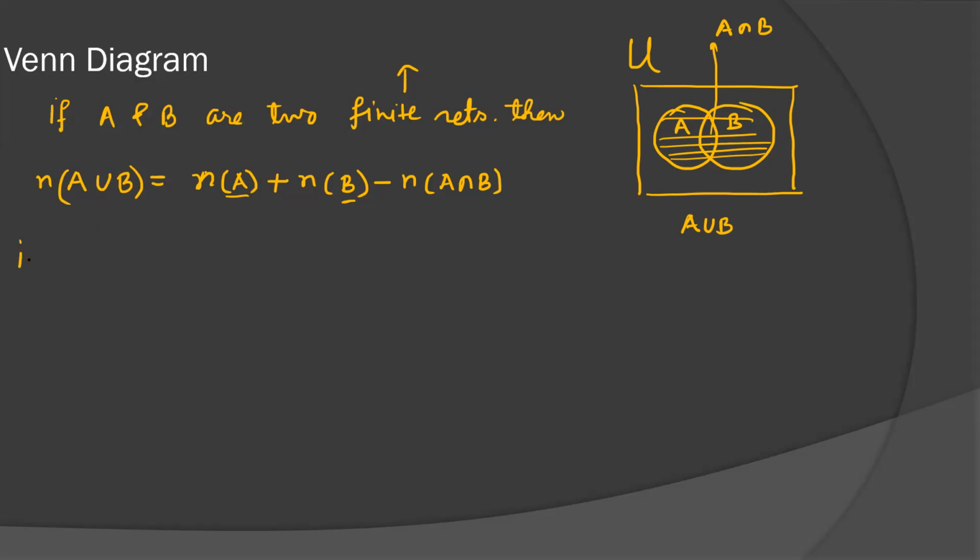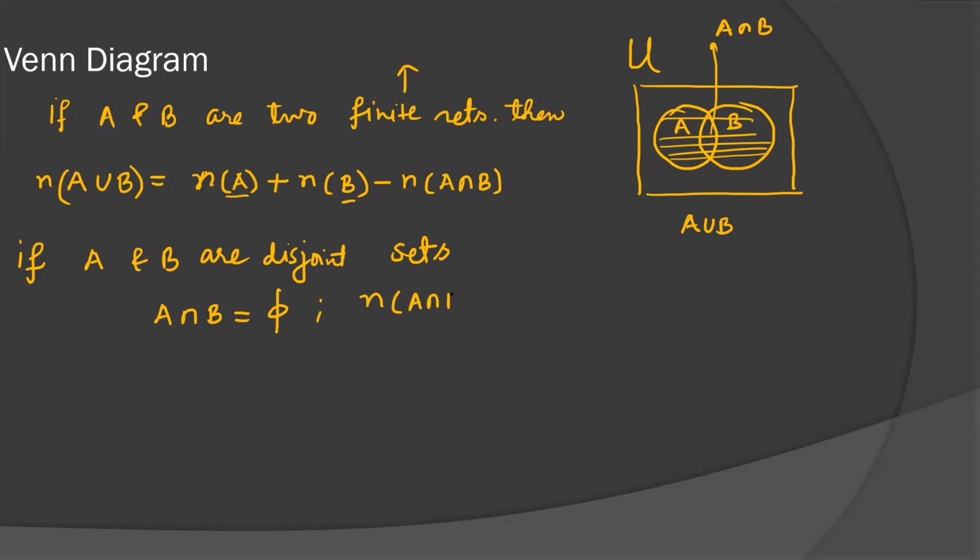Now, there is a remark also: if A and B are disjoint sets. What is the definition of disjoint sets? I told you when the intersection of sets is a null set, the sets are said to be disjoint sets. Then the cardinality of A intersection B will be equal to the cardinality of the null set, and I told you the cardinality of the null set is 0 because there is no element in the null set.